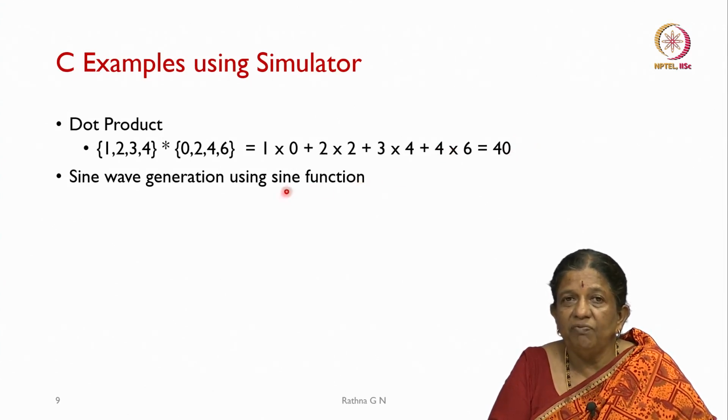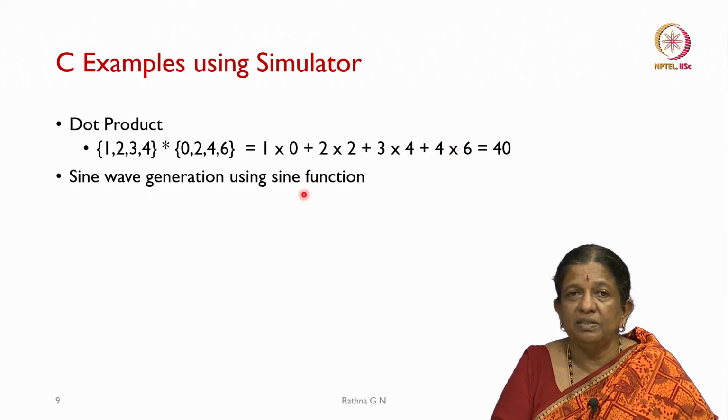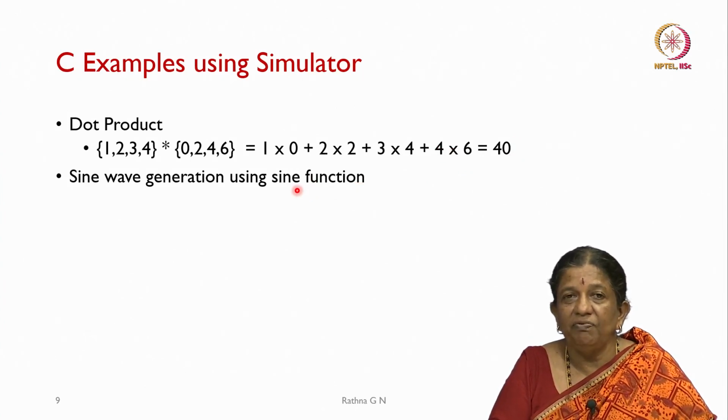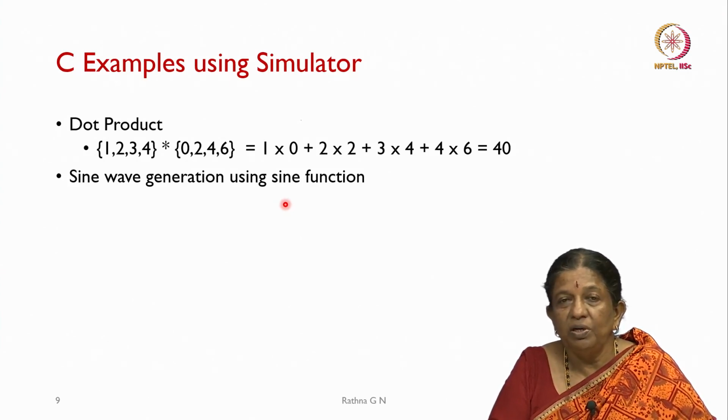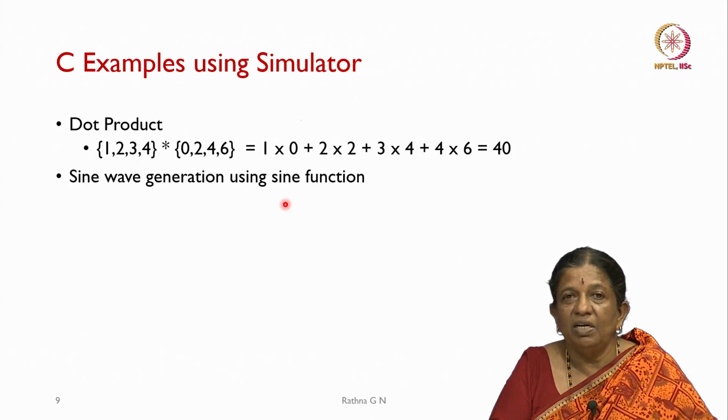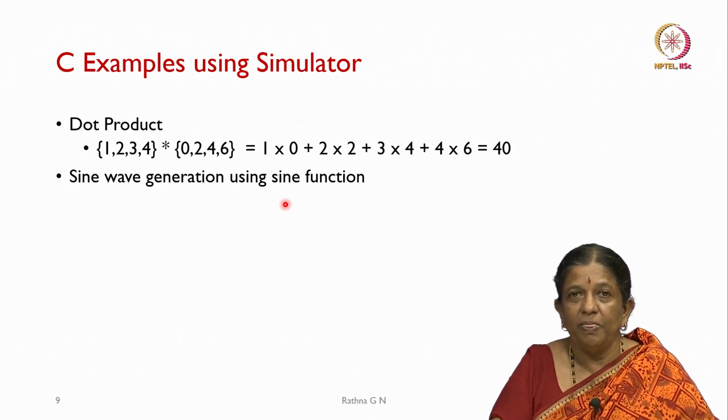And for the sine wave, since we have discussed in the theory class what happens if aliasing occurs when a proper sampling frequency is not selected, we will show you the result of it. So, we will go to the board to run our examples.